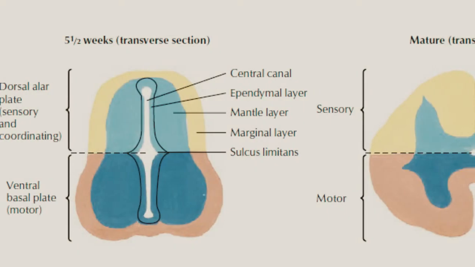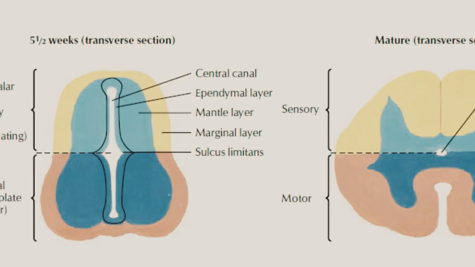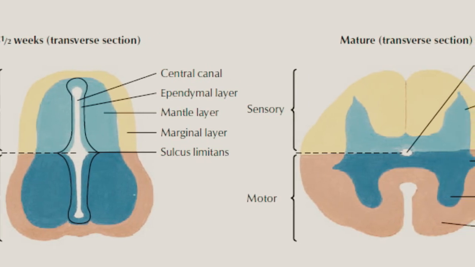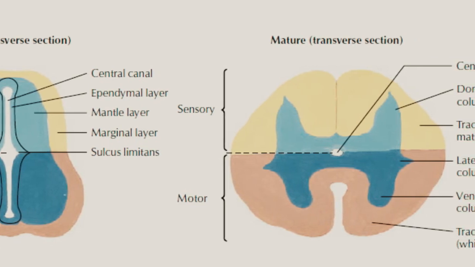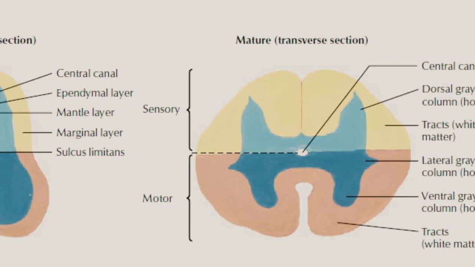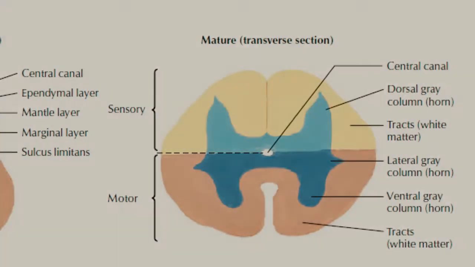Now, the mantle layer of the developing spinal cord will in future give us the gray matter of the spinal cord. The marginal layer, since it contains mainly fibers, will give us the white matter of the spinal cord. So meaning in the spinal cord, the white matter is found on the outer surface, the gray matter is found in the inner surface. Now, the cells of the neuroepithelial layer, after giving rise to neuroblasts and glioblasts, the remaining cells are going to differentiate and form for us ependymal cells.